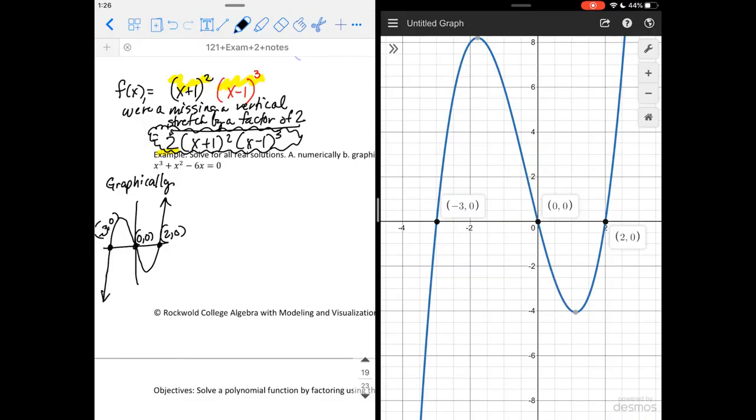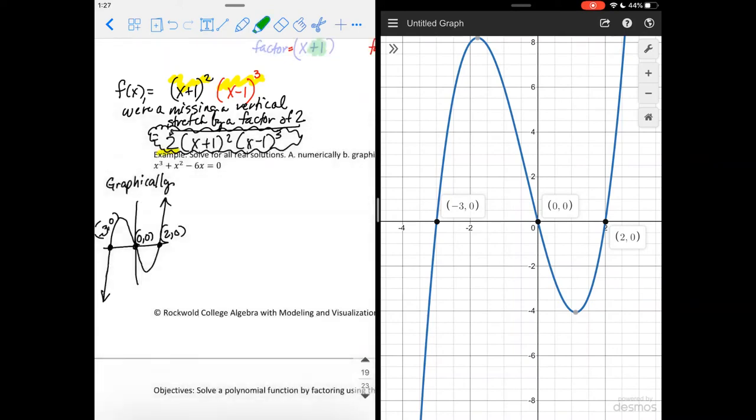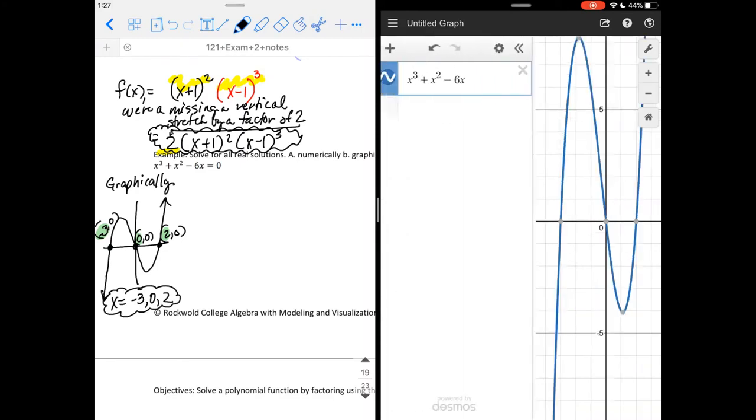So our answers are the x values. So our answers, let me highlight here, are these. So we have x equal to negative 3, 0, and 2 are our answers.